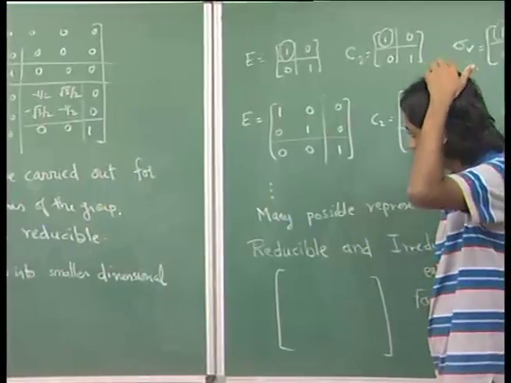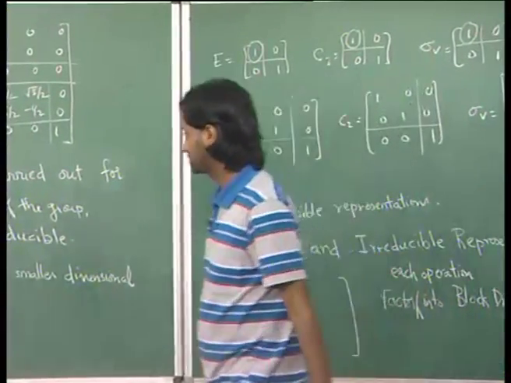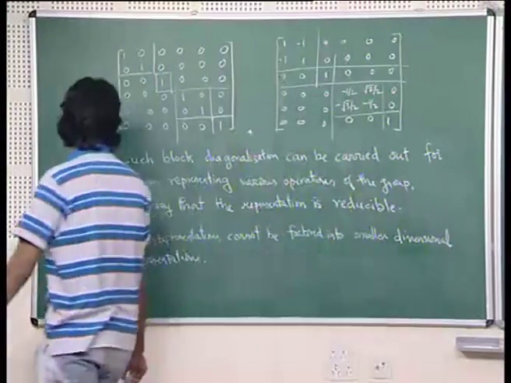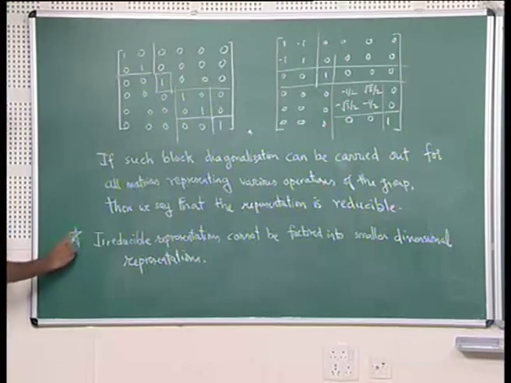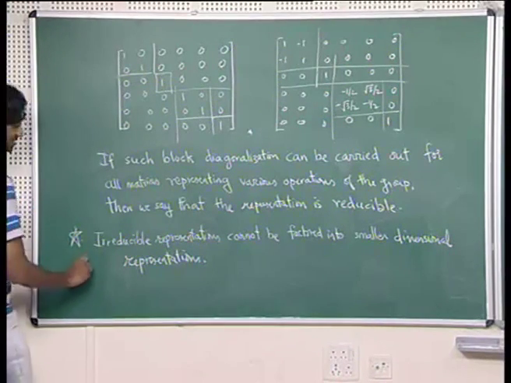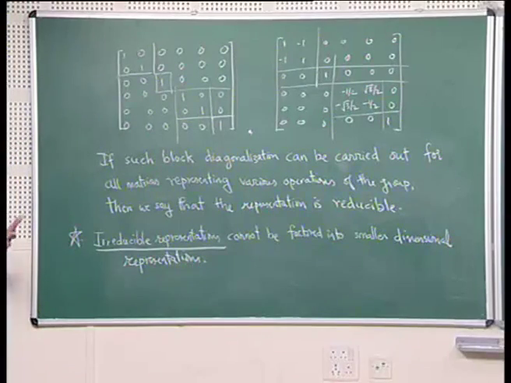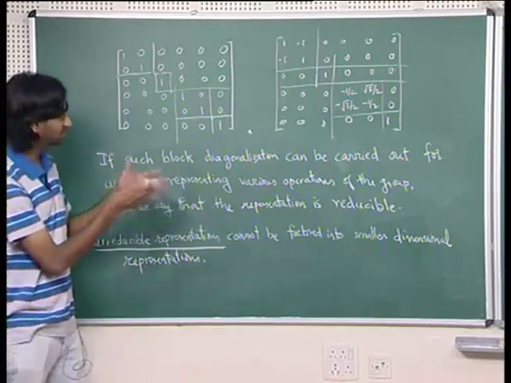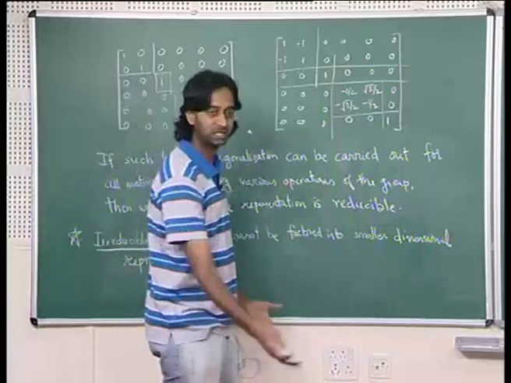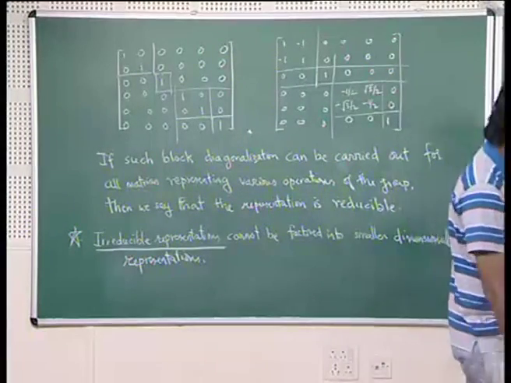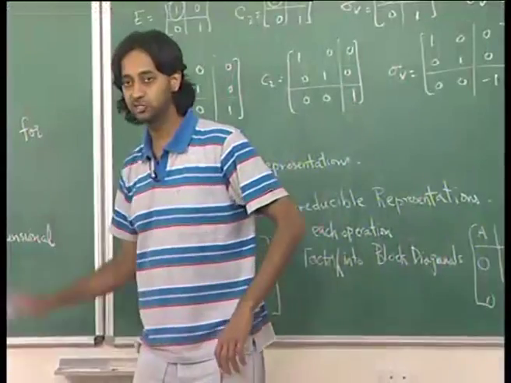Okay. Now, the irreducible representations are the ones that are more relevant. Okay. So, you can already see that irreducible representations are the important representations, because using irreducible representations, I can always make more and more representations. Okay. So, the relevant representations are the irreducible representations.